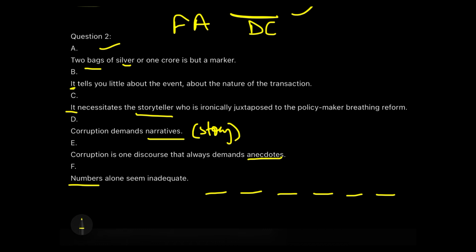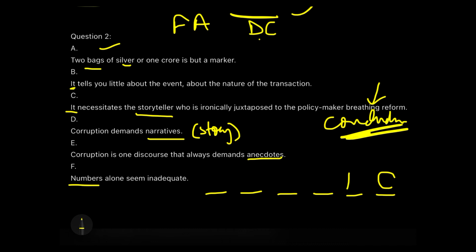In a sentence which sums up the entire idea, it sounds like a concluding sentence to me. Whatever I was discussing about corruption, numbers, its examples, it being supported by a story, everything is summed up in sentence C. So sentence C is surely my concluding one.